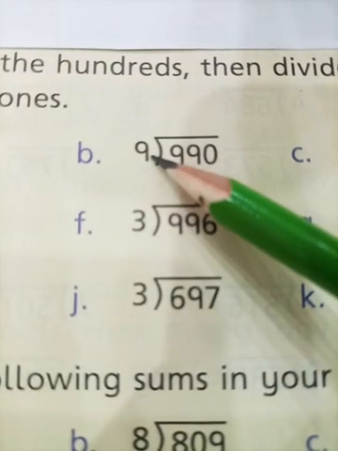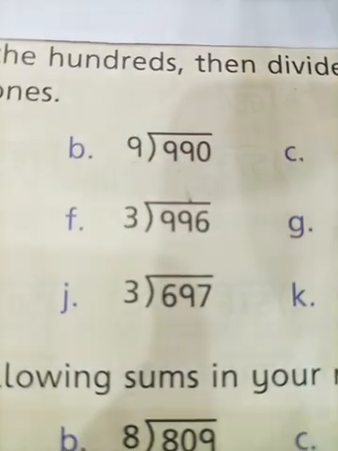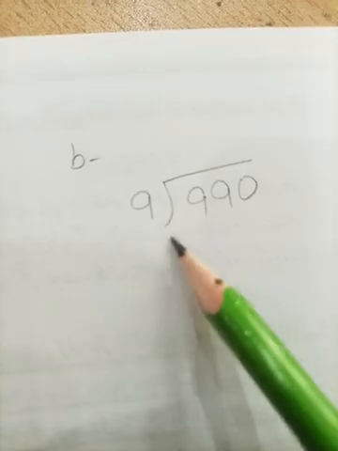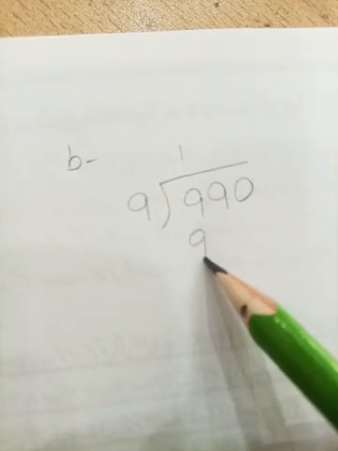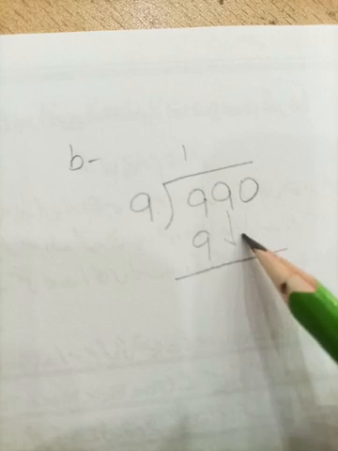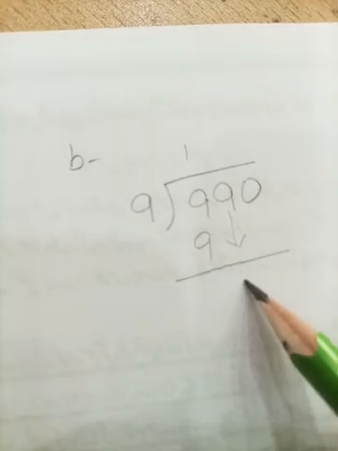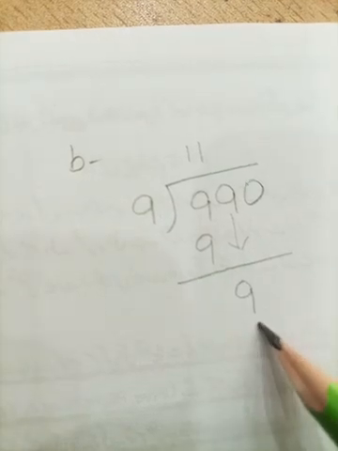Here is our part B, in which we are going to divide 990 by the number 9. Students, divide it with me. 9 ones are 9. Next, I am taking the 9 down here, and 9 ones are 9.